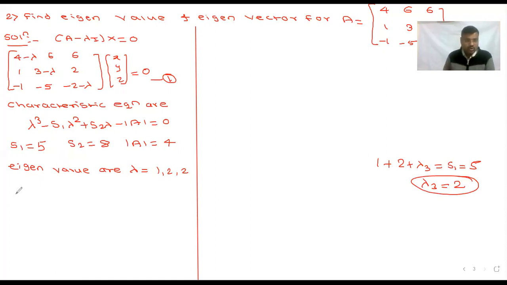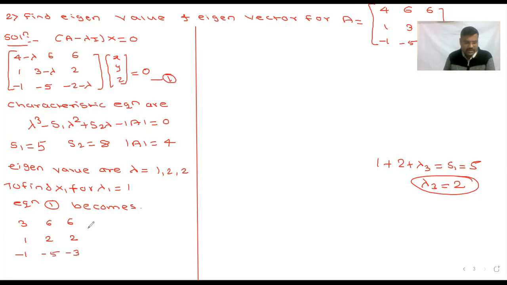So now to find x1 for lambda1 equal to 1, the equation becomes, with your permission we directly write it: put lambda1 equal to 1. We get [3 6 6; 1 2 2; -1 -5 -3].